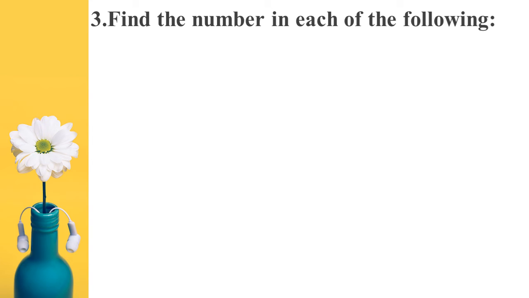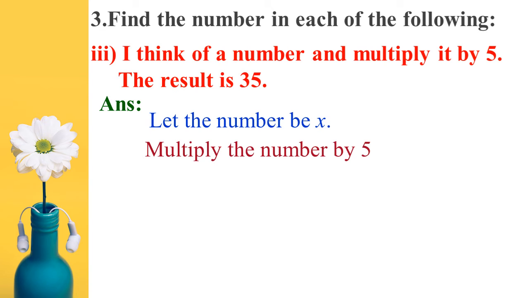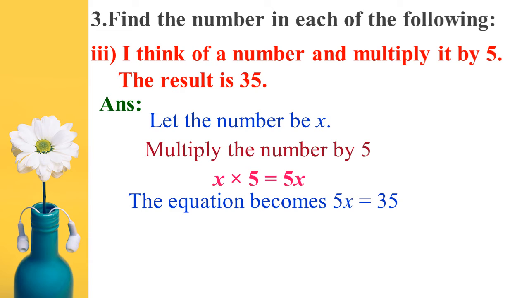Third problem. Find the number in each of the following. The given statement is, I think of a number and multiply it by 5. The result is 35. So let the number be x. Multiply the number by 5. So we get 5 into x, 5x. So now the equation becomes 5x equal to 35.